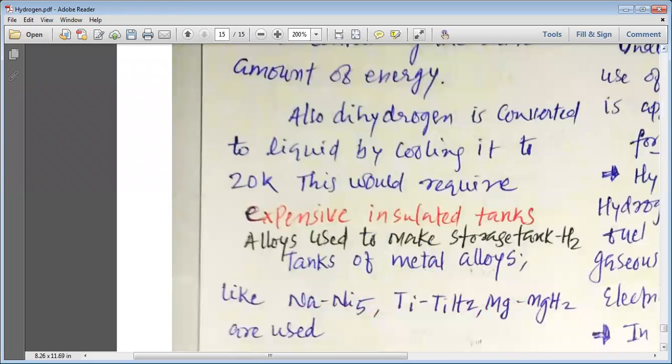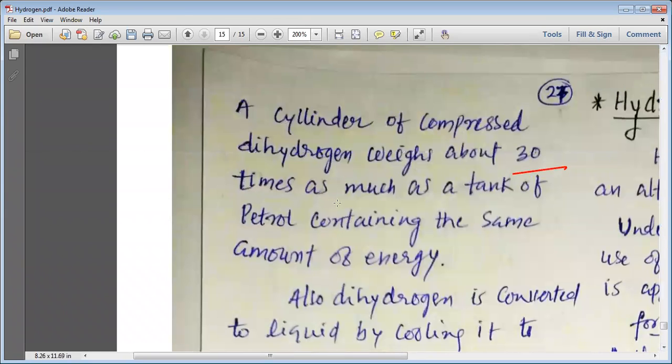Also, the petrol containing the same amount of energy.